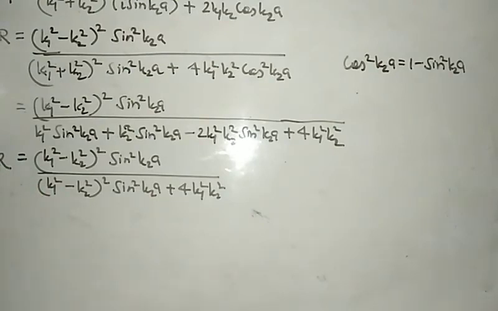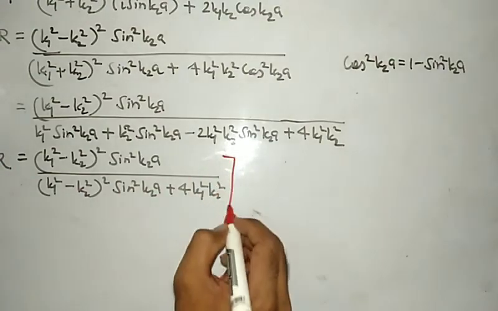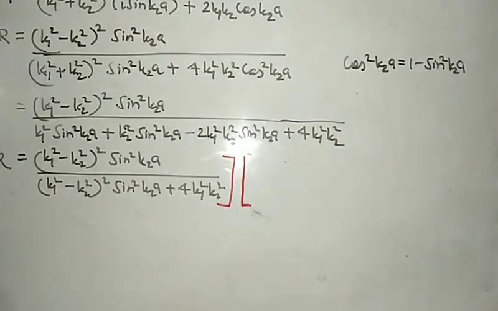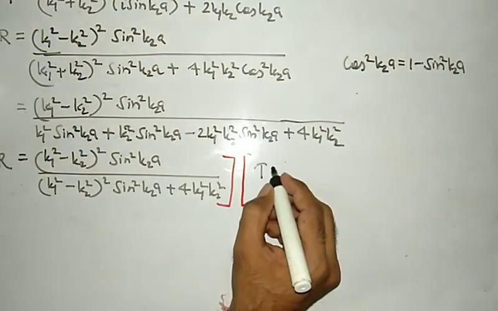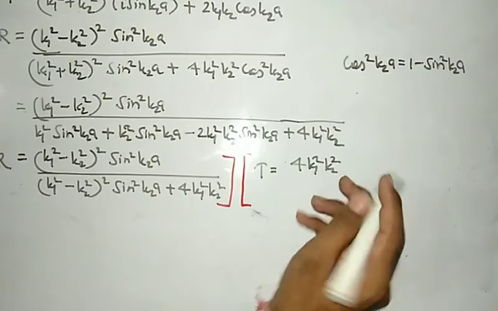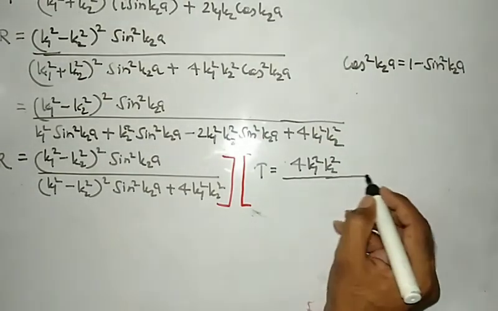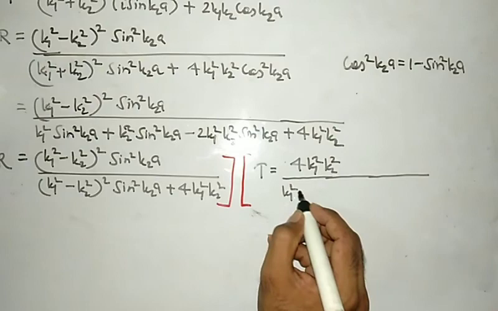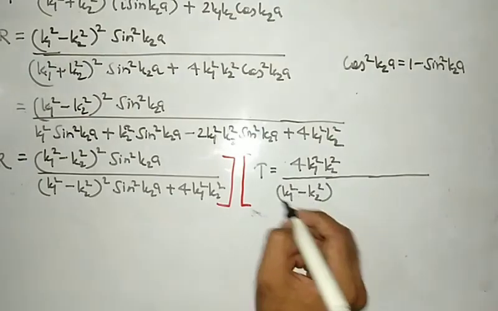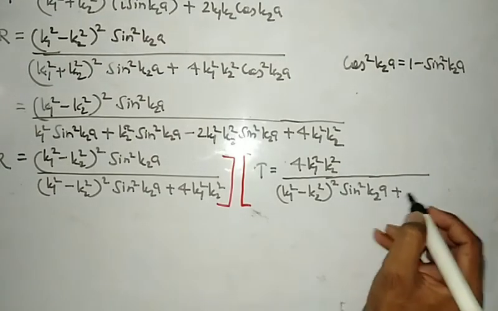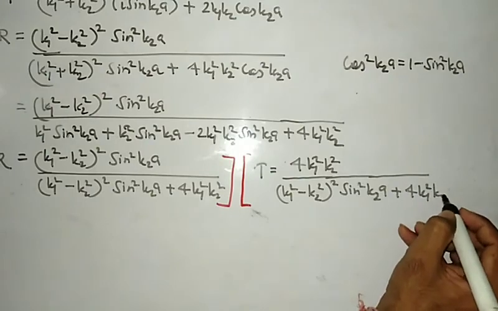So this is what we have solved, the quantum mechanical reflection coefficient, and just before we had also obtained the quantum mechanical transmission coefficient, that was t is equal to, yes, we achieved this equation some time ago: this by k1 square minus k2 square whole square sin square k2a plus 4 k1 square k2 square.